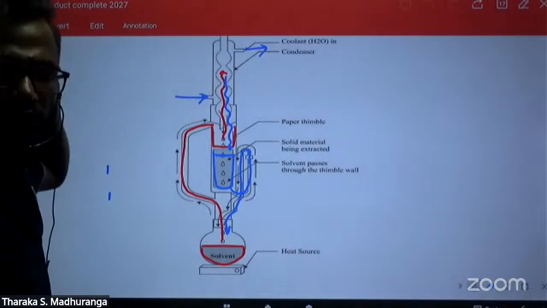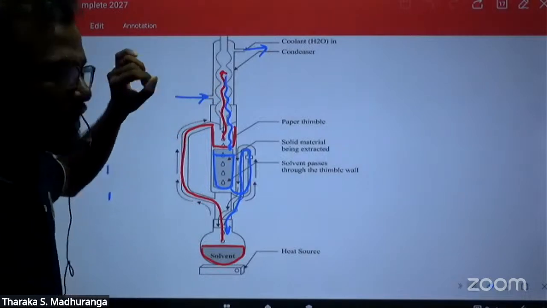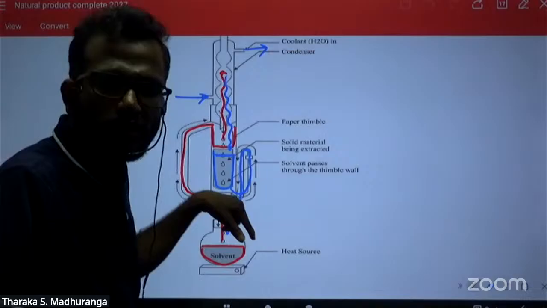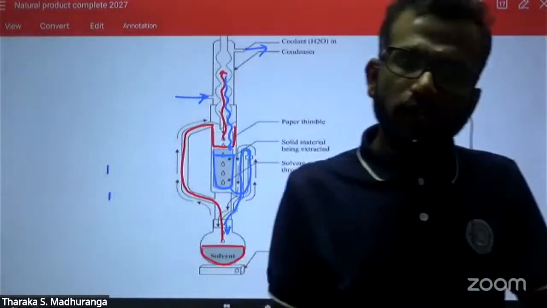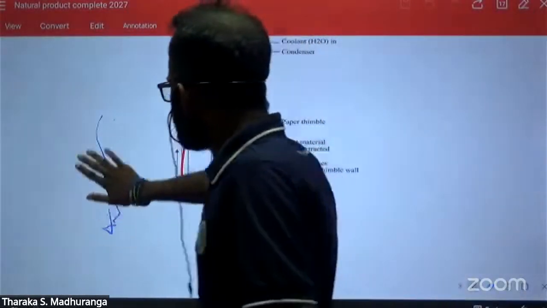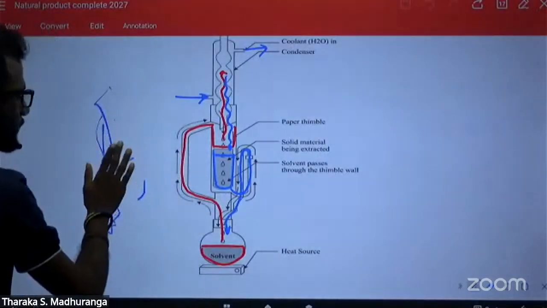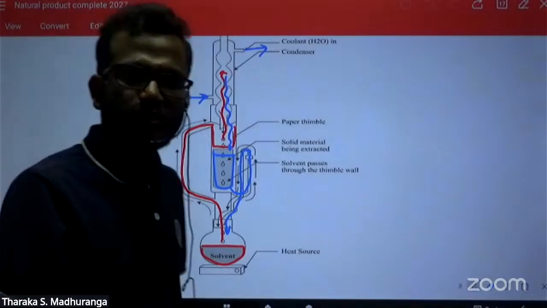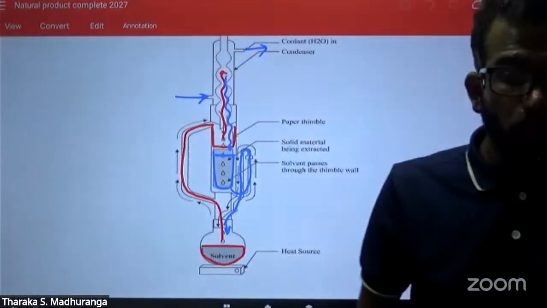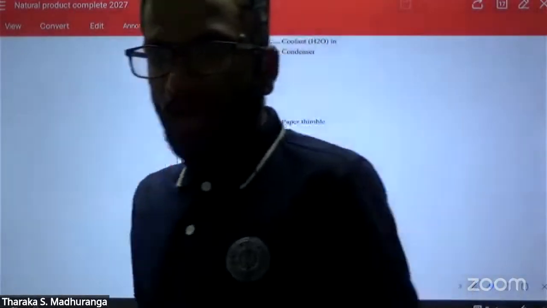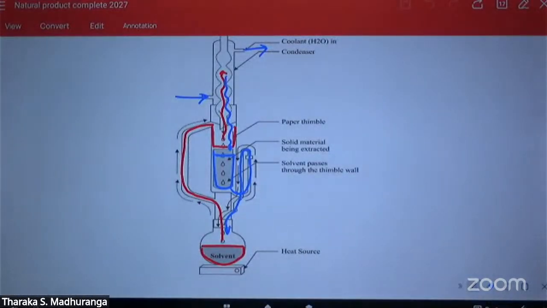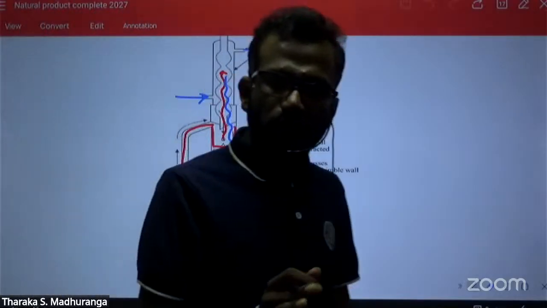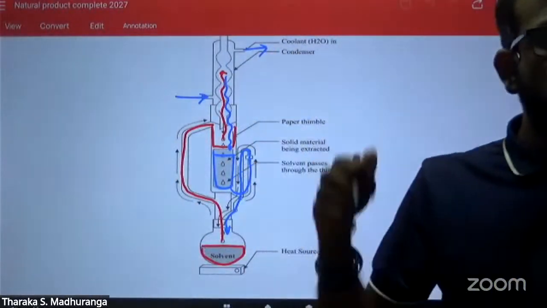That's the working principle of the Soxhlet extraction method. And what is the main advantage? What is the main advantage of this Soxhlet extraction? If the exam asks like this, how can you write? Give your answer, then you can check whether you understand. What is the main advantage of this Soxhlet extraction?